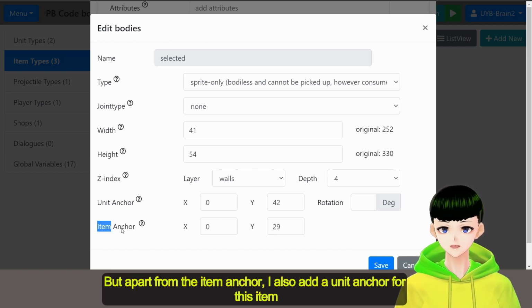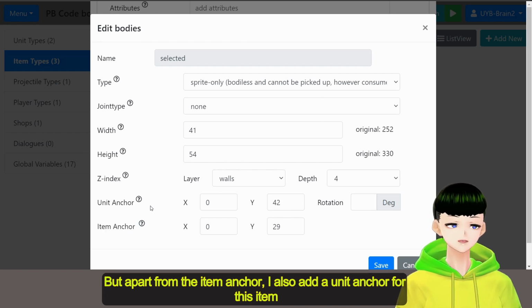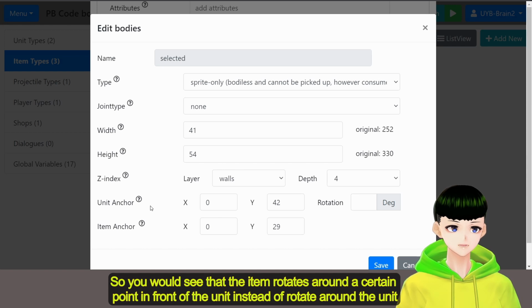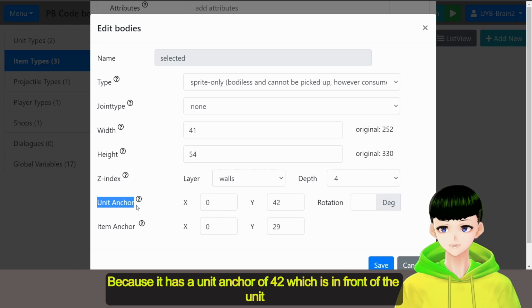But apart from the item anchor, I also add a unit anchor for this item. So you will see that the item rotates around a certain point in front of the unit instead of rotating around the unit, because it has the unit anchor of 42, which is in front of the unit.